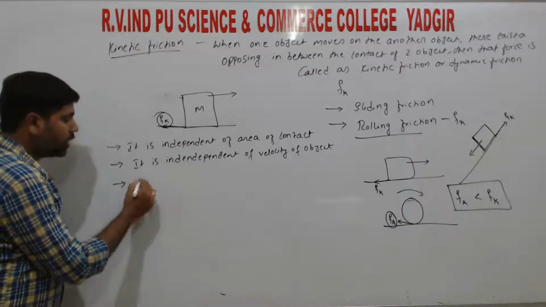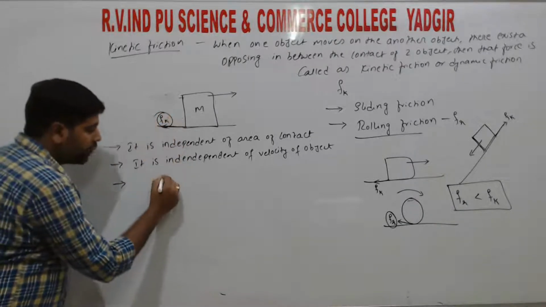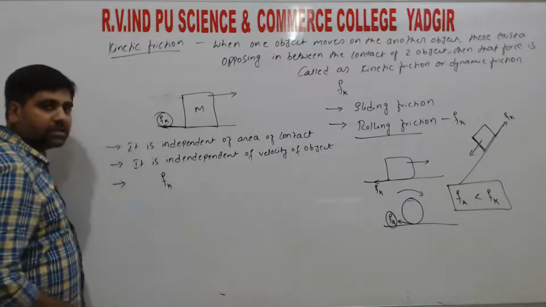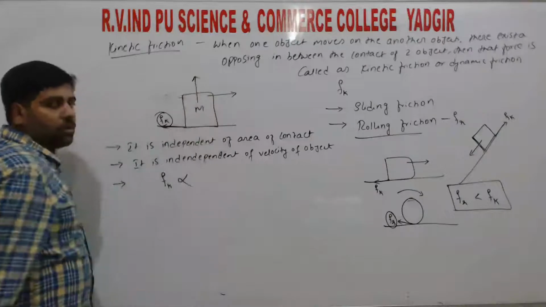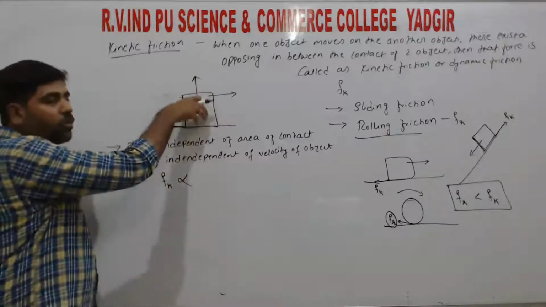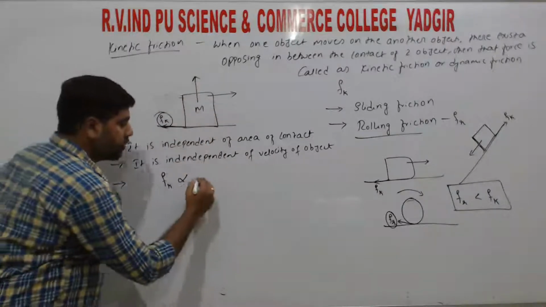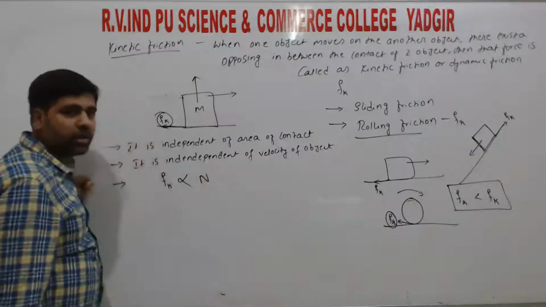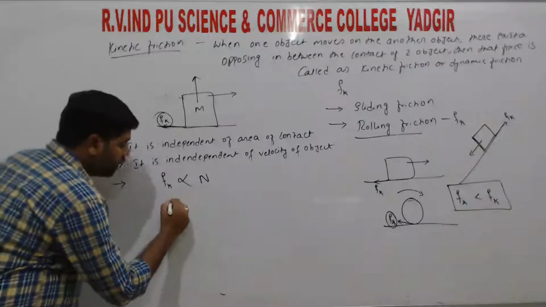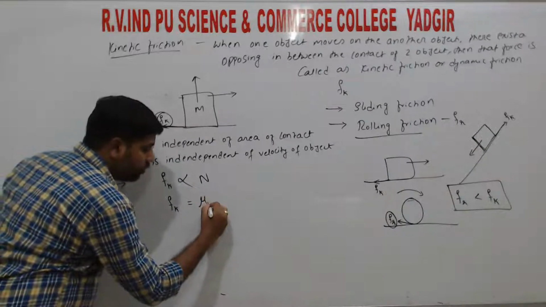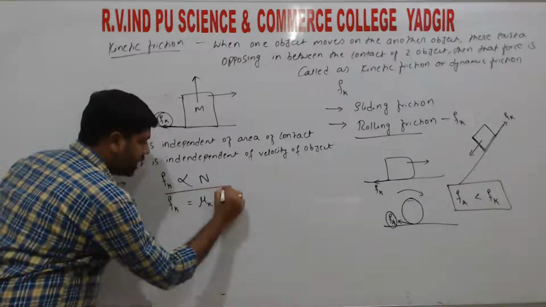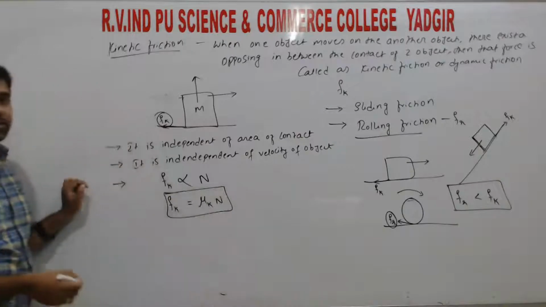And the third point is that the kinetic friction Fk is directly proportional to the normal force of the object, right? So Fk is directly proportional to N. If we remove the proportionality sign, Fk equals mu k into N, right?